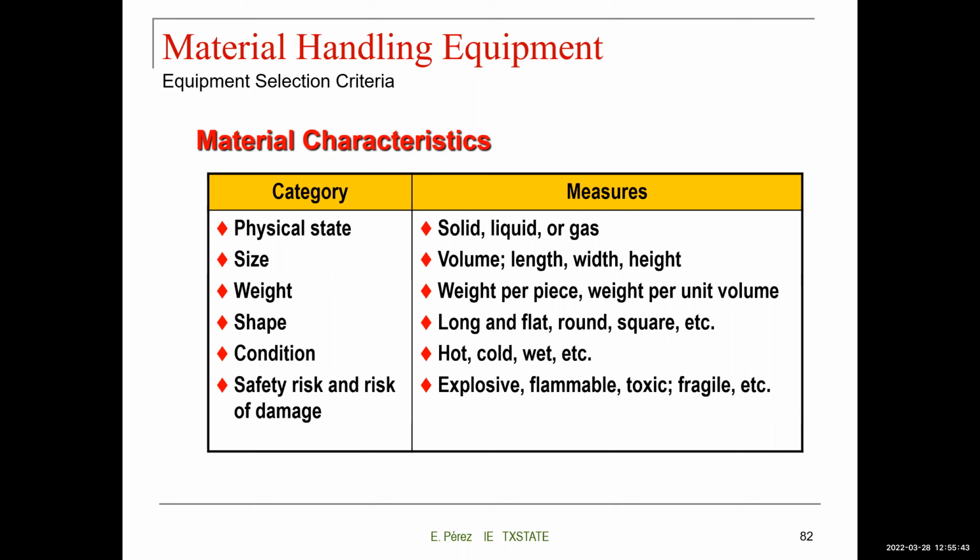Some of the measures that you can use to differentiate, for example, physical state, if it is solid, liquid, or gas, the size, the volume, the length, the width, the height. All those things will impact the decision that you are going to make in terms of the equipment that you are going to decide to use for your process.